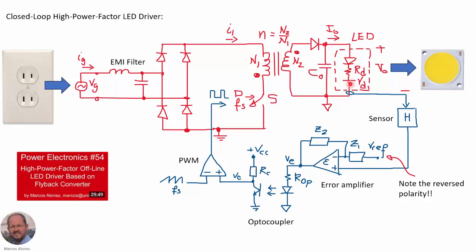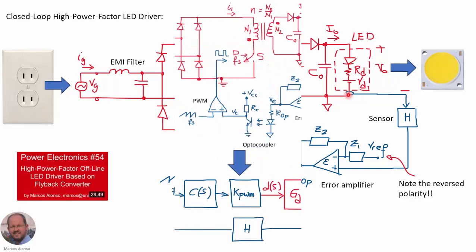So now if the current through the LED increases, the output of the error amplifier is going to increase also, but the output of the optocoupler VC is going to decrease, and this will decrease the value of the duty cycle and ultimately the current through the LED, tending to compensate the initial increase in the current of the LED.